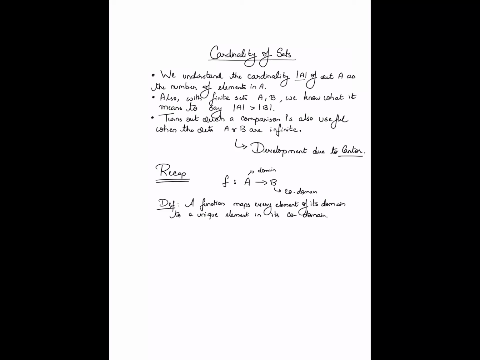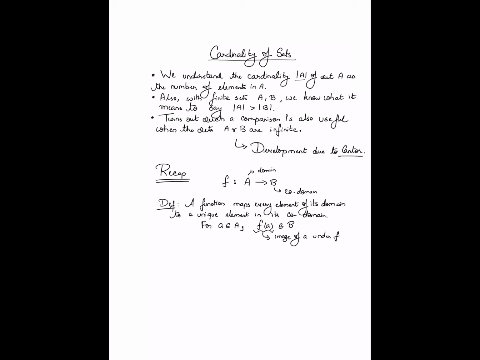Therefore, for some element a belonging to the domain, f of a belongs to the codomain. This f of a is sometimes also referred to as the image of a under the function f. This is just the standard definition of a function.